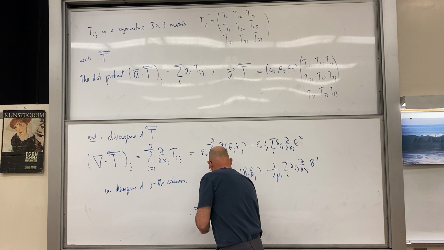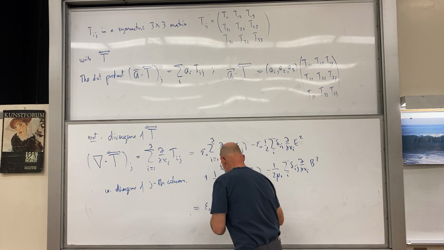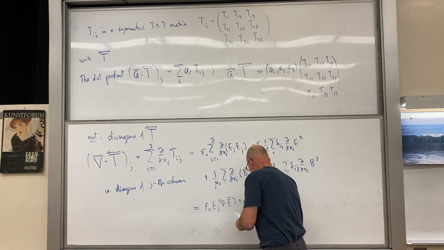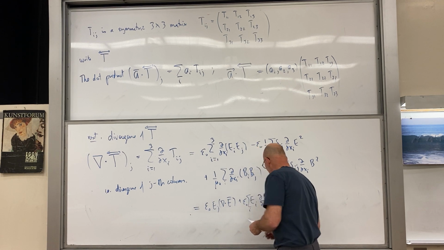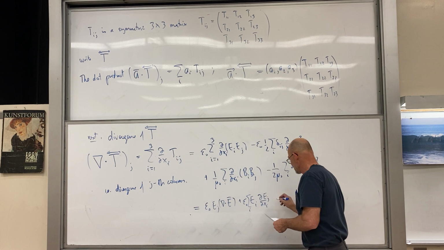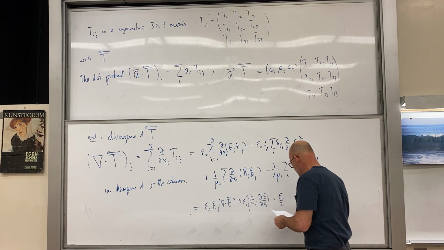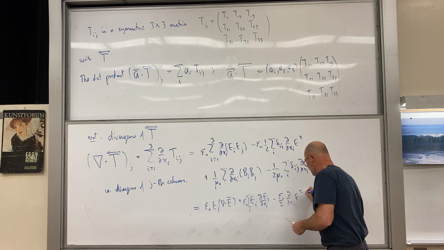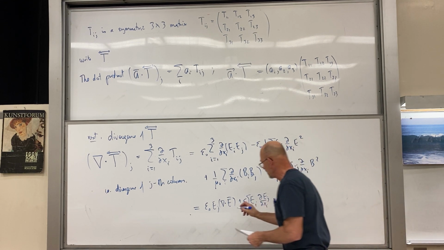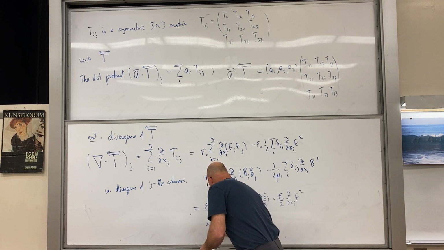E sub j div E plus epsilon naught sum over E sub I, E j, xi, minus epsilon naught over 2, xi E squared, and let's go ahead and put this after 1 over mu naught.